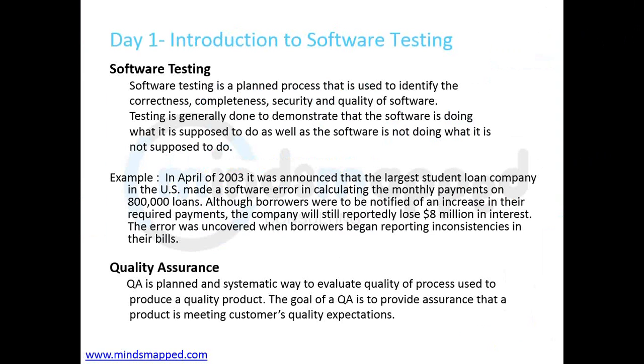Secured means it is protected from unauthorized users using that application or software. The quality of the software means the software is stable. Usability means it is easy to use. No more bugs, no more critical bugs, and it's good to use. So software testing is done depending on these important points.